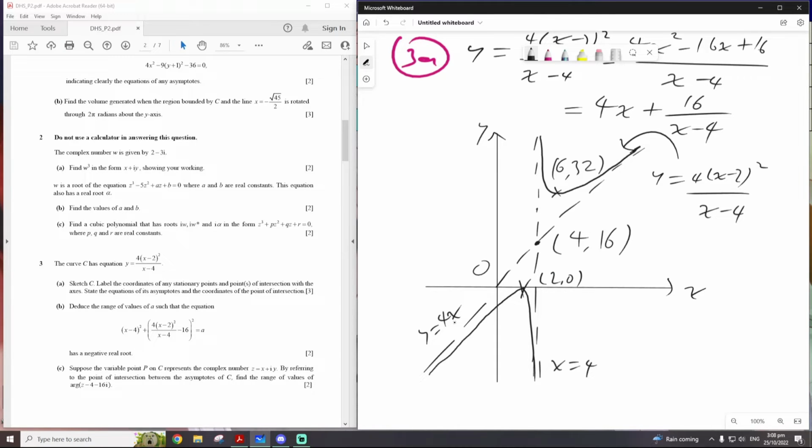So draw the circle x minus 4 squared plus y minus 16 squared equals a.